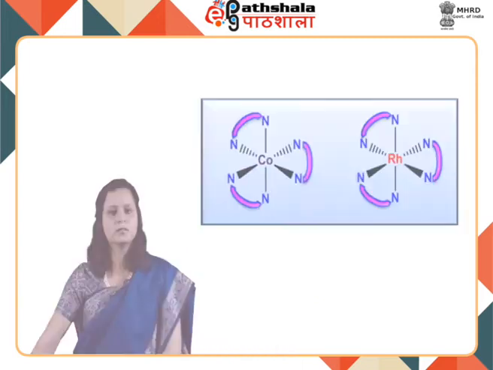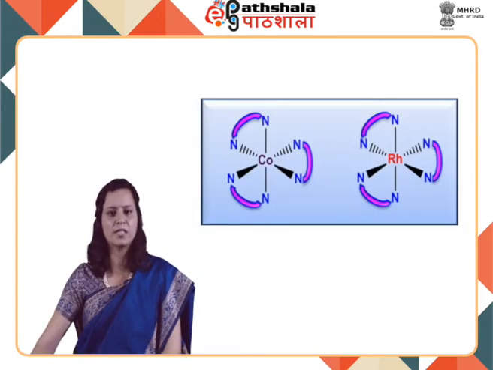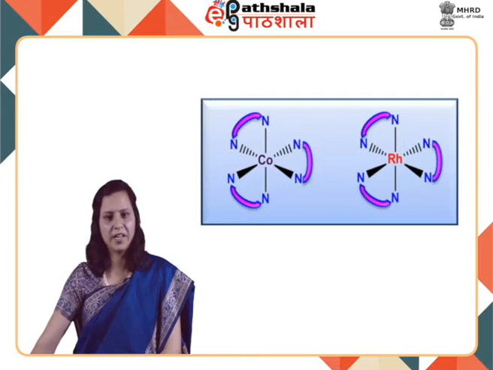This method of naming of complexes is not found to be appropriate because when the optical activity of the tris 1,2-diaminoethane M(III) complexes, where M can be rhodium(III) and cobalt(III), was measured at the sodium D line, meaning 589 nanometer, they rotate the plane polarized light in opposite directions.